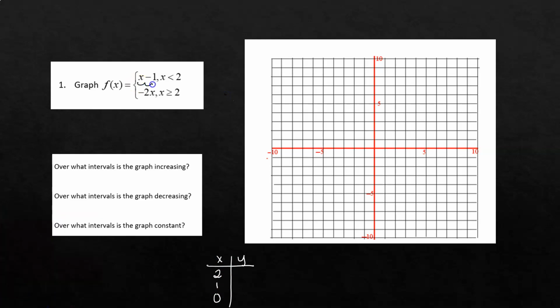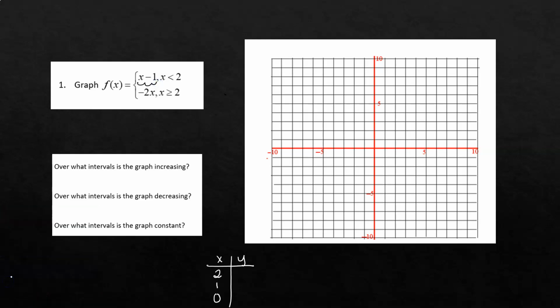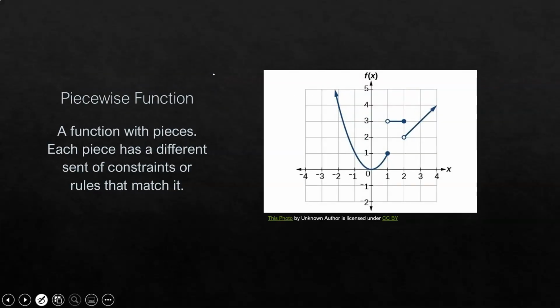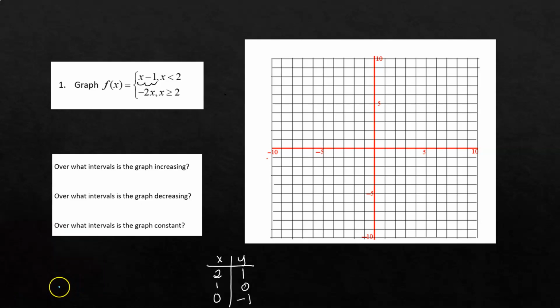This is the equation, so we're going to plug x in there. So 2 minus 1 is 1. 1 minus 1 is 0. 0 minus 1 is negative 1. All right, so let's go ahead and we're going to plot that point.